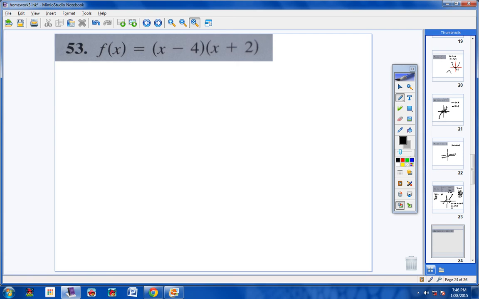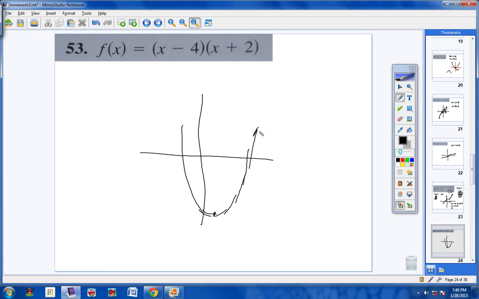And I'm getting a graph that looks something like this. The vertex is about down here somewhere. It's a parabola looking like this, okay? So remember, maximum and minimum points only exist at turning points, and I only see one turning point. It's this one here, and that's going to be a minimum.